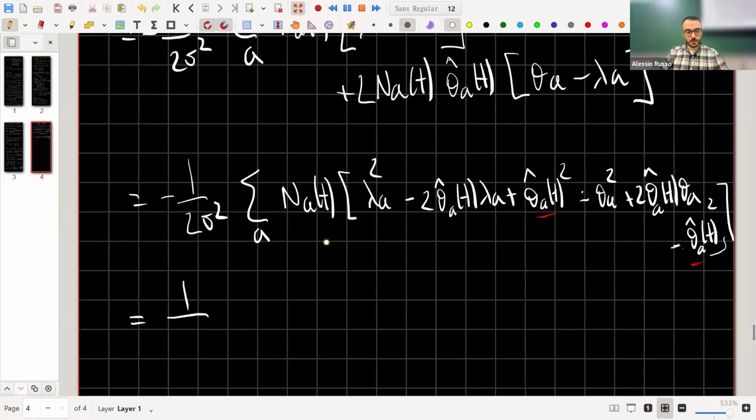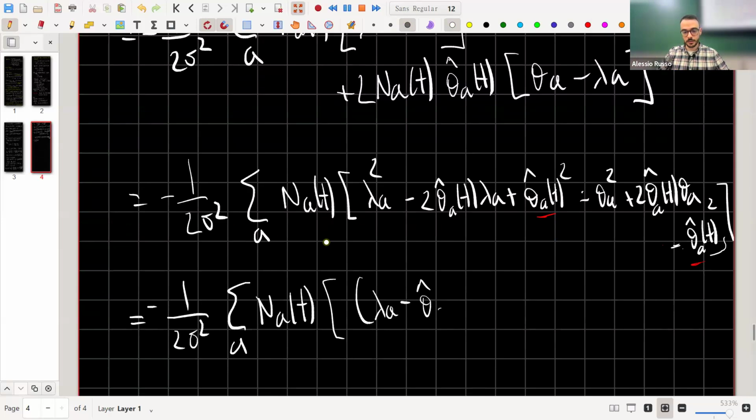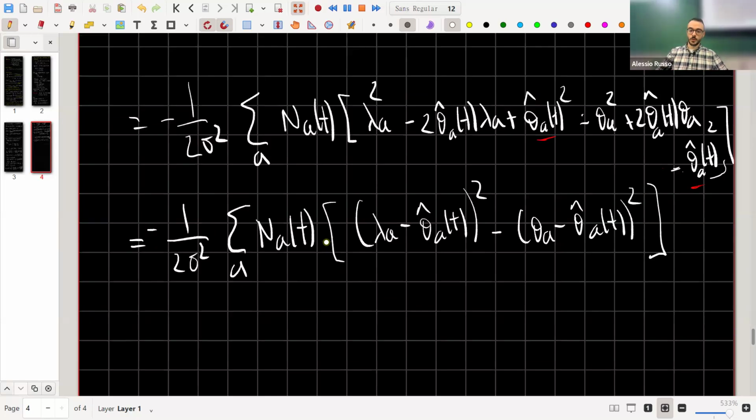So this simply becomes minus 1 over 2 sigma squared, sum over A, NAT that multiplies lambda A minus hat theta AT squared minus theta A minus theta hat AT squared. So now we made explicit the dependency on the empirical estimate of the model, which is what we wanted.